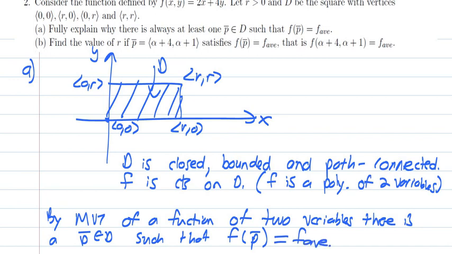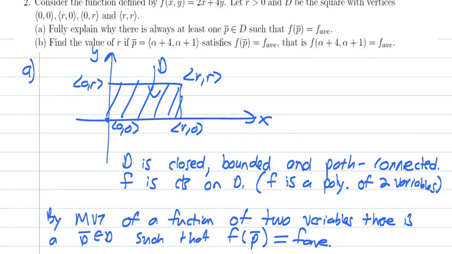All right? So we got to address why we can use the mean value theorem. So we need to satisfy all of the conditions of the mean value theorem. All right, so not a calculation, but a theoretical explanation of why you can always find a point P in region D with this property.